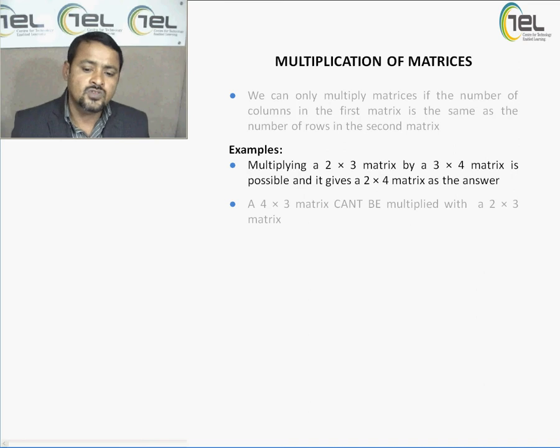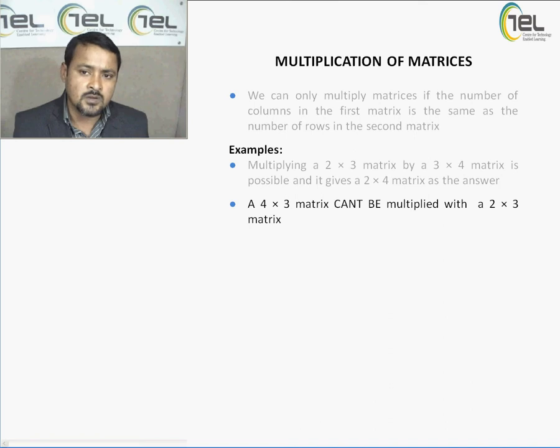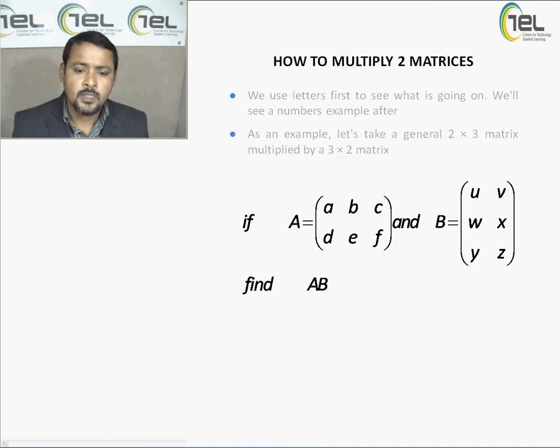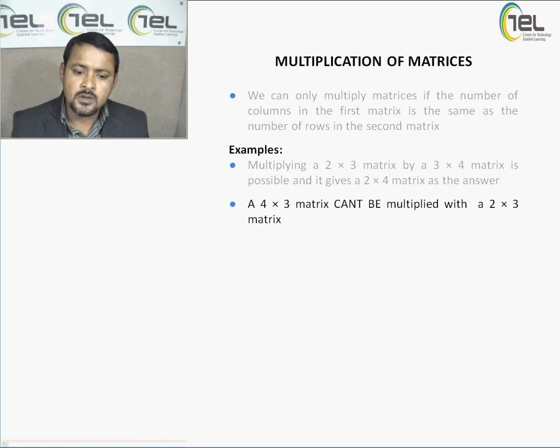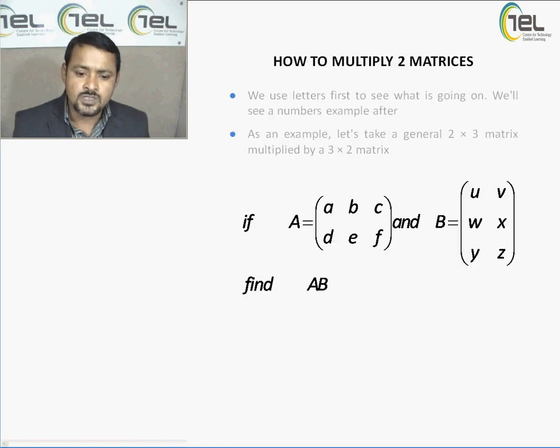But a 4 into 3 matrix cannot be multiplied with a 2 into 3 matrix, because the number of columns in the first is not equal to the number of rows in the second. So we must remember that the number of columns in the first matrix must be exactly equal to the number of rows in the second matrix.